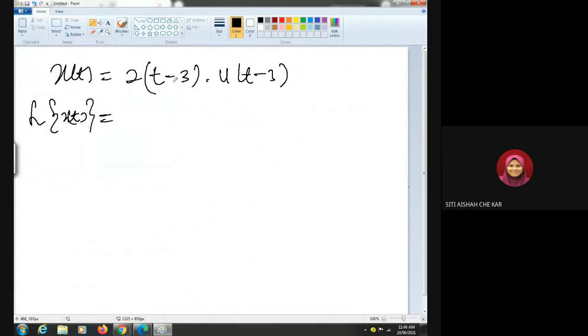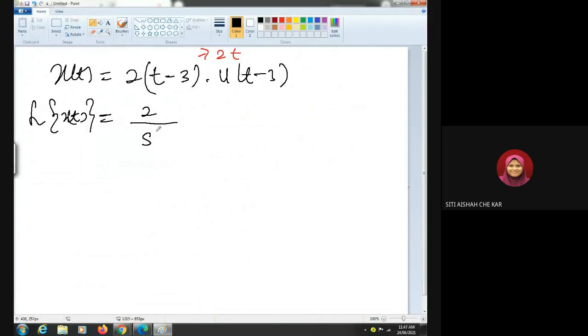So, Laplace 2t. Dapat apa? Plus 2t? 2 bahagi S power of negative 1 at negative 2. Oh, bukan.